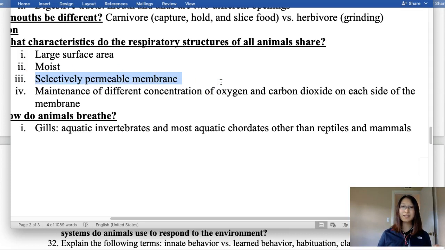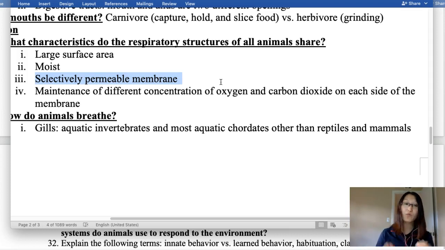What that means is that this membrane, this protective layer, the lining of your respiratory tract, the outside of each one of those little hairs of the gill, those membranes are selectively permeable, which means it only allows certain material to come in and out, and not all the material, right? So why does that matter?